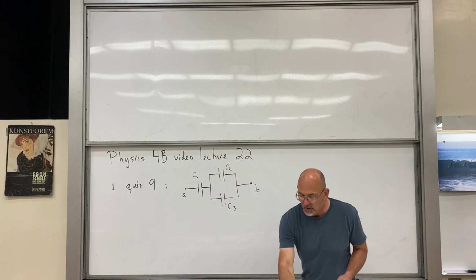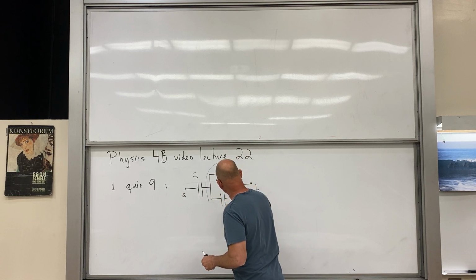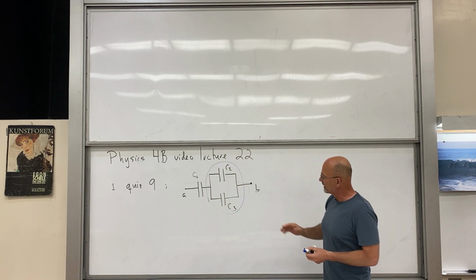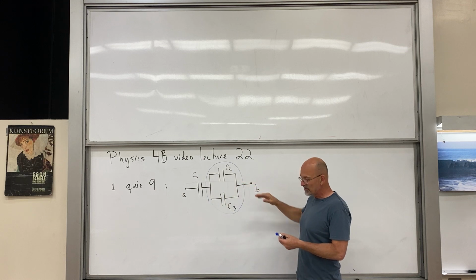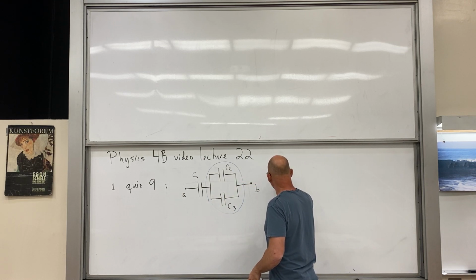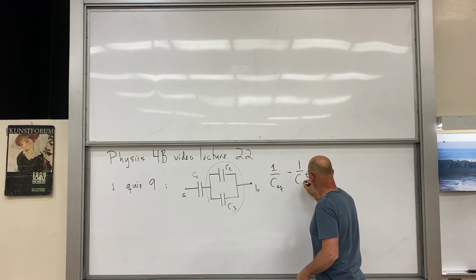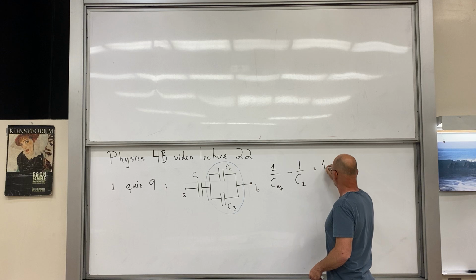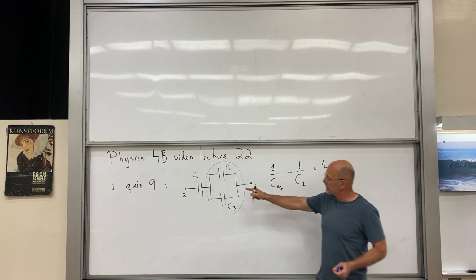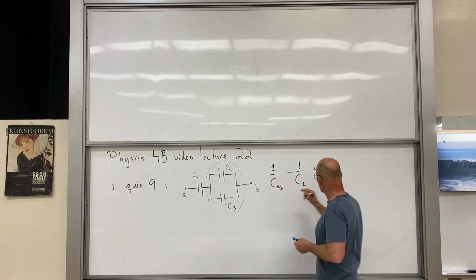So if you take this as its own capacitor, then we actually have something in series. Then we have to say 1 over C equivalent is 1 over C sub 1 plus 1 divided by C sub, we're just going to name it 2, 3, because of course these two are actually a combination.